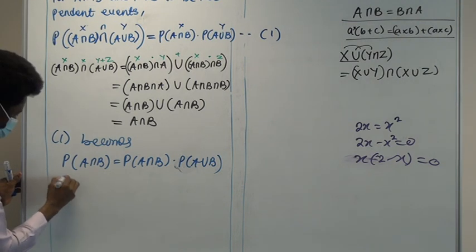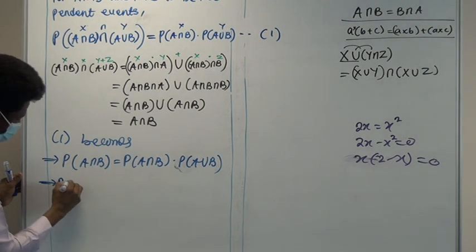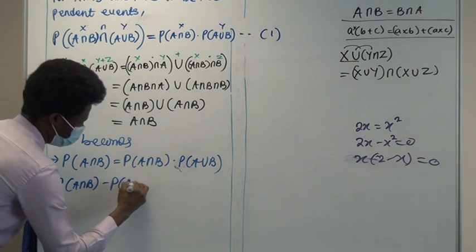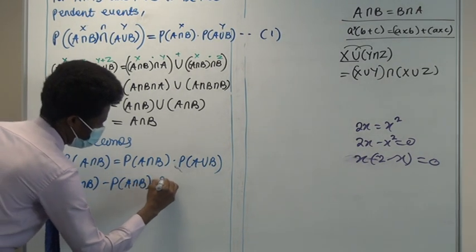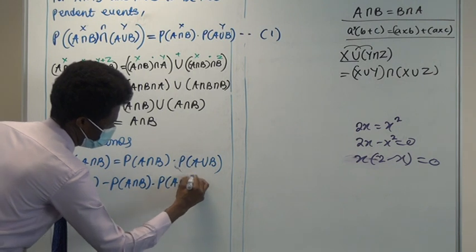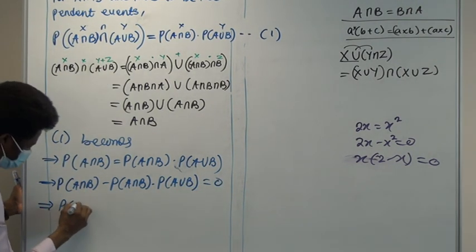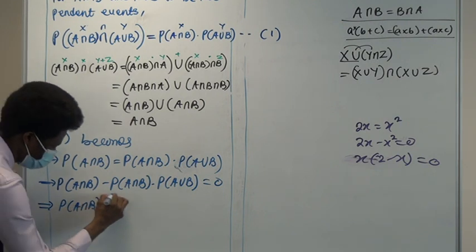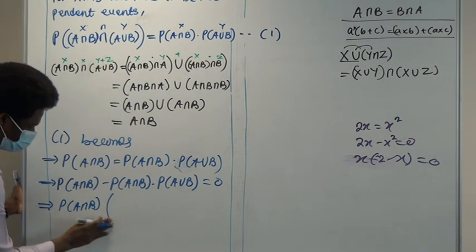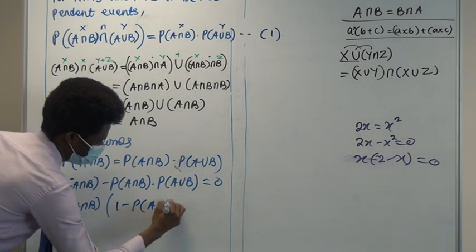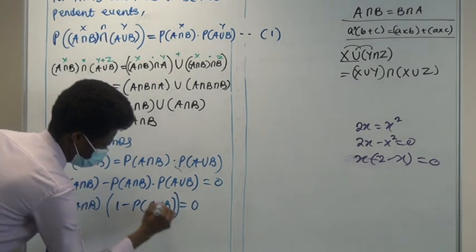So this implies probability of A intersection B minus probability of A intersection B times probability of A union B is equal to 0. This implies probability of A intersection B times 1 minus probability of A union B is equal to 0.